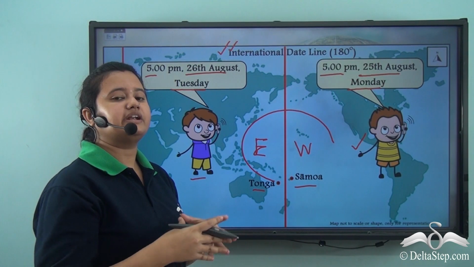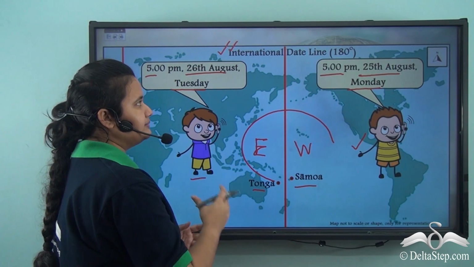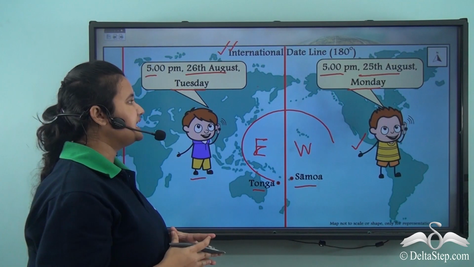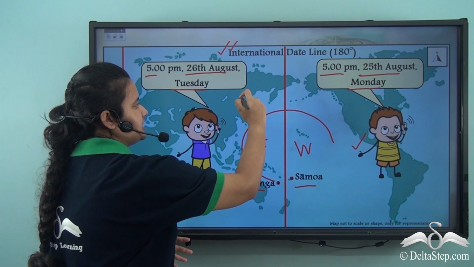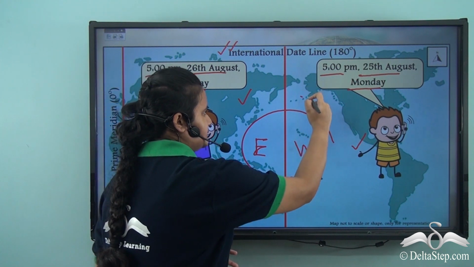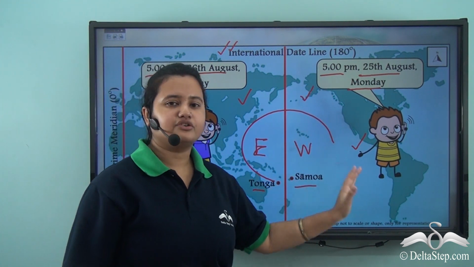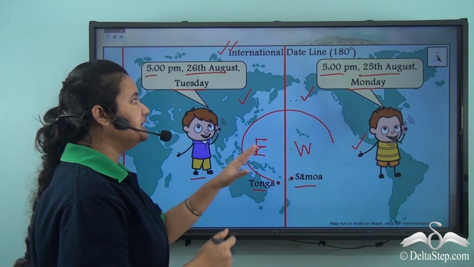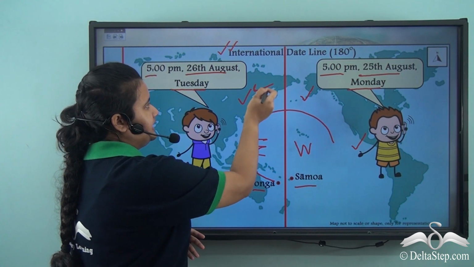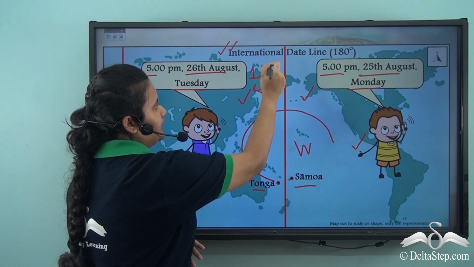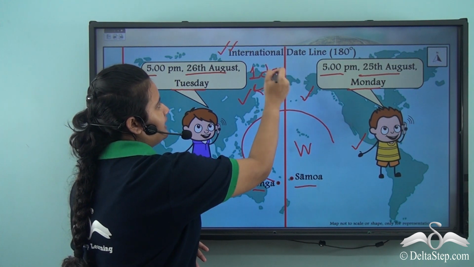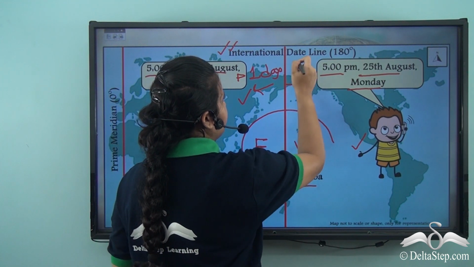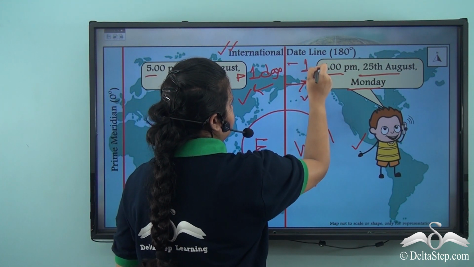Now if we draw our international date line on the world map, it will look something like this. These are the places lying to the east of the international date line, while these are the places lying to the west. We learned that if we move to the east of the international date line, then we gain 1 day, and if we move to the west, then we lose 1 day.